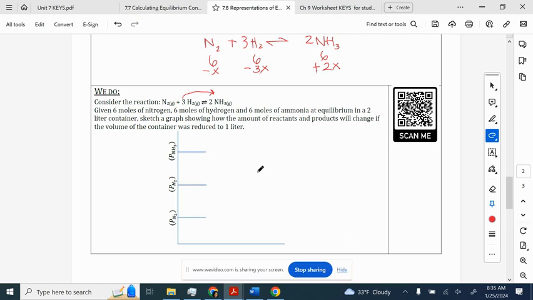So in terms of our line here, we're going to be increasing the amount of this stuff. How do I do that? I'm not good at drawing, you guys.